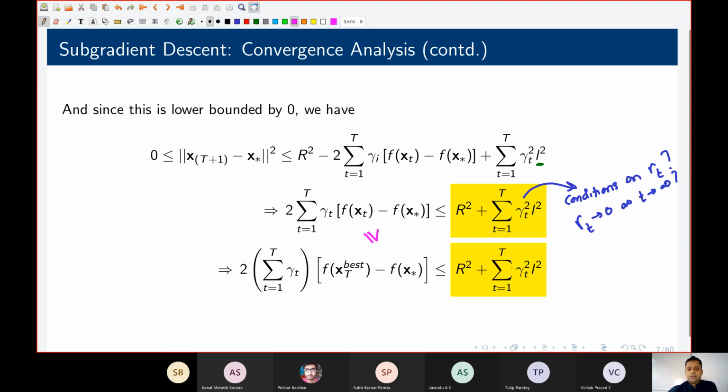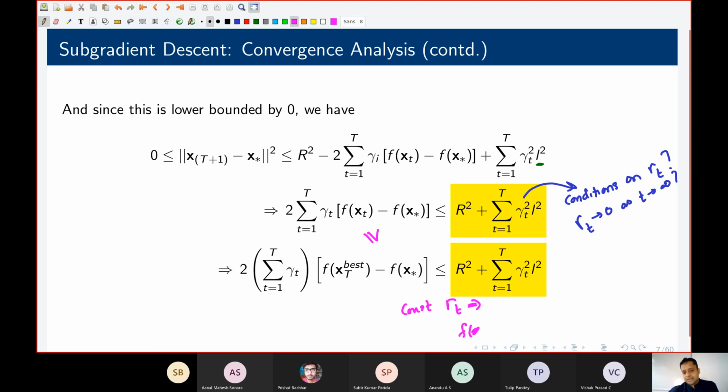Okay, so what would we like the gamma t to behave like? Any thoughts? I mean, what happens now if gamma t is constant? That's what we showed earlier. May not be most satisfactory, but what happens? We'll have basically the sum of the gammas here and then gamma square here, right?